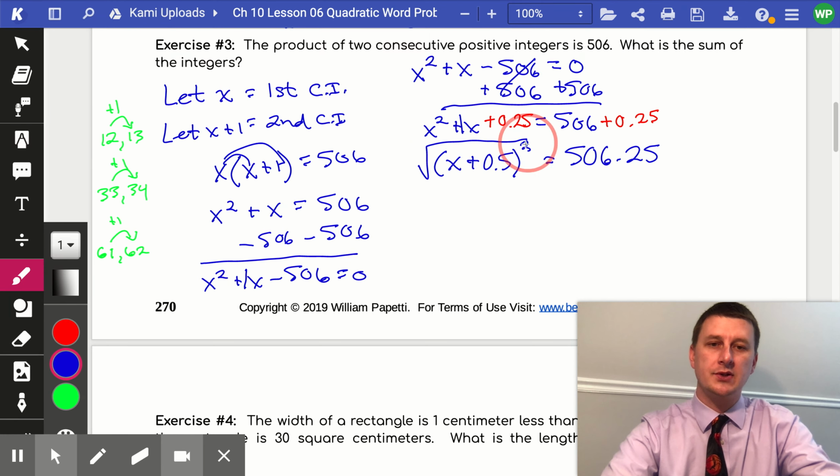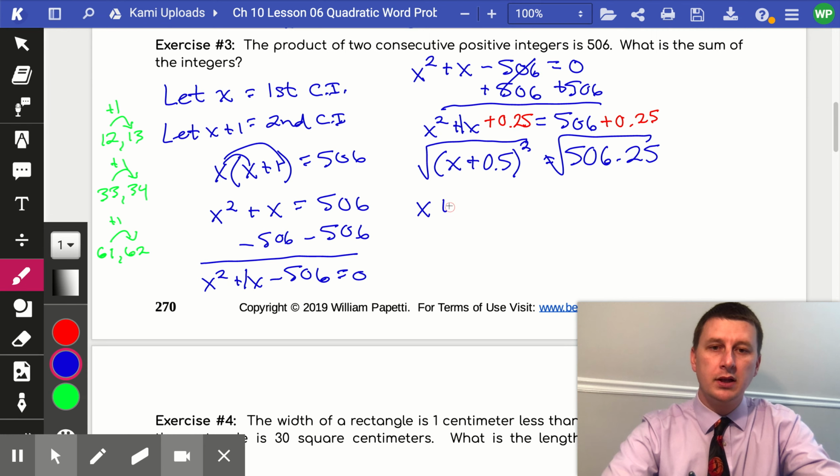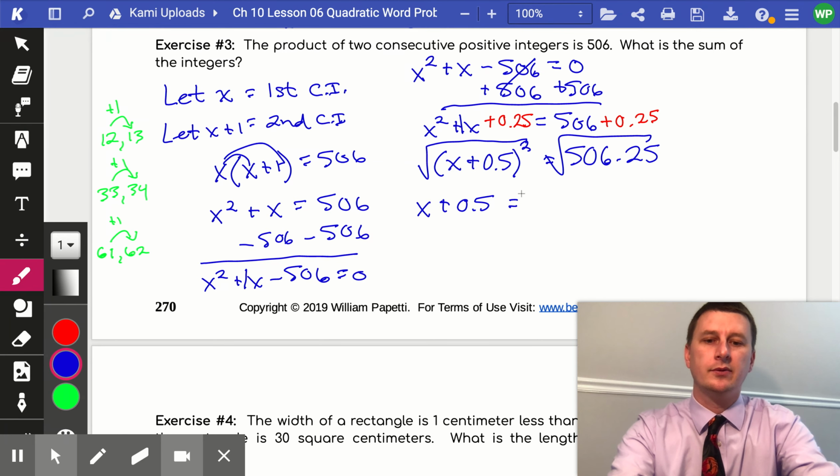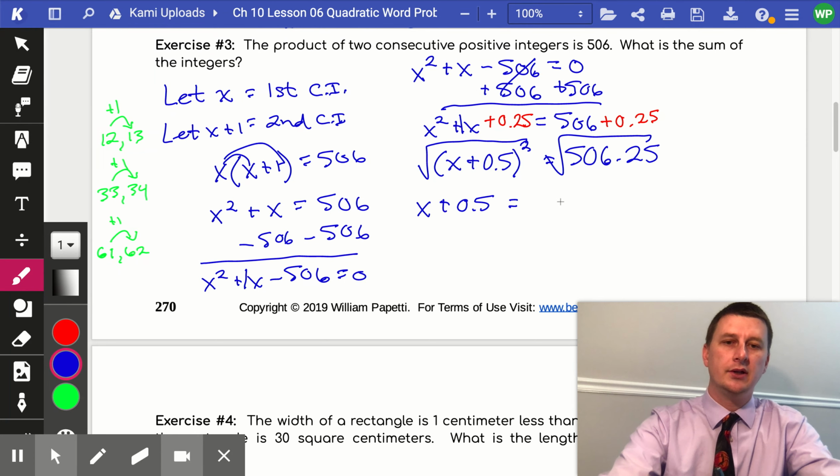So we're going to take the square root of both sides. And by doing that, on our left side, we will be left with just x plus 0.5, because the square root will cancel out the square. And then what is our square root of 506.25? And if you put that in your calculator, you will get 22.5.